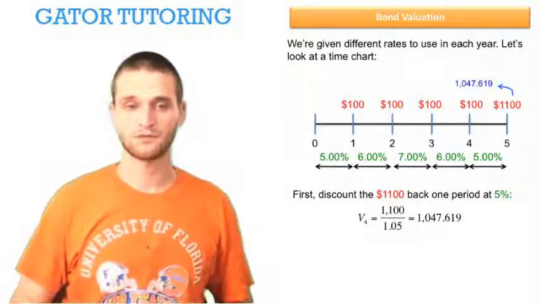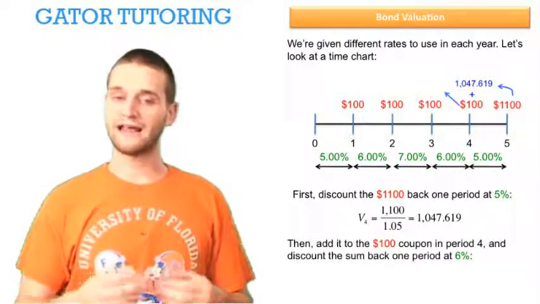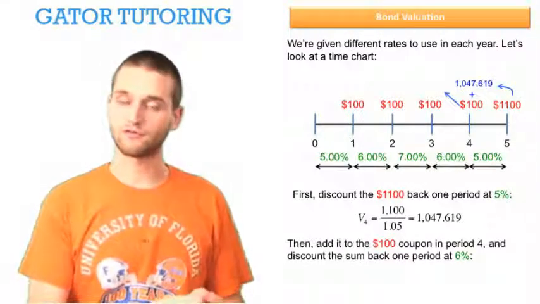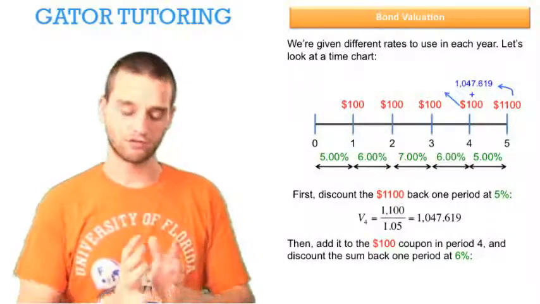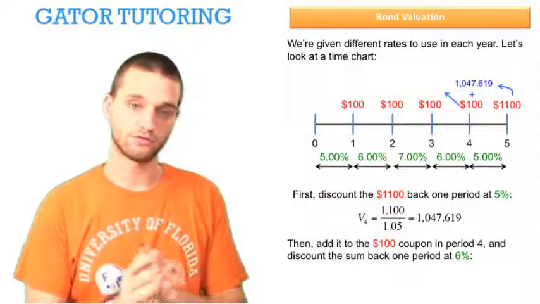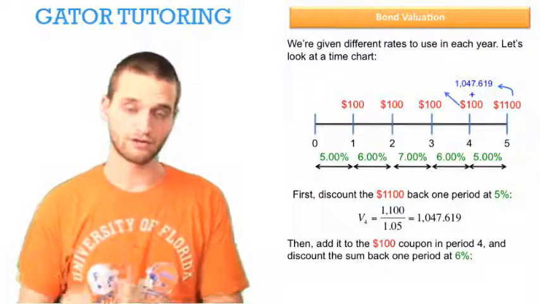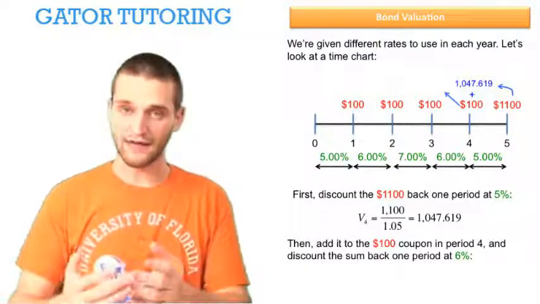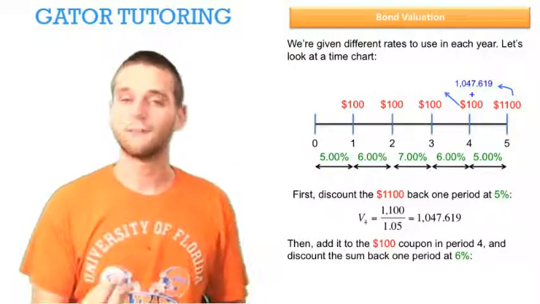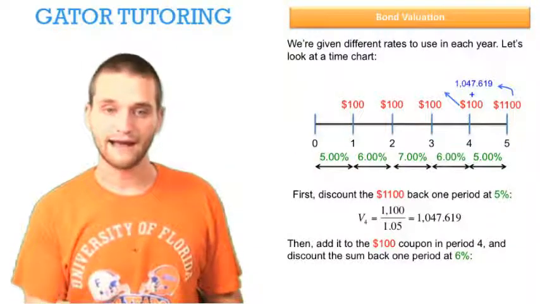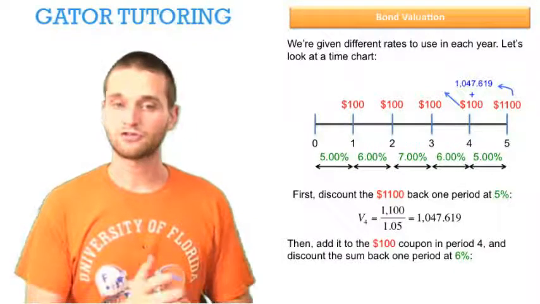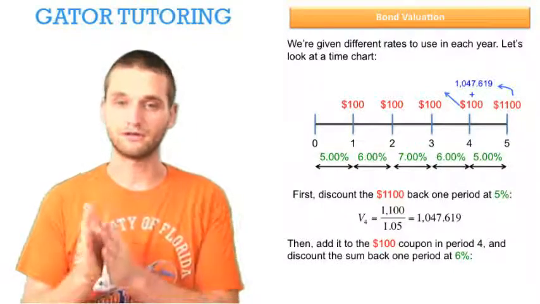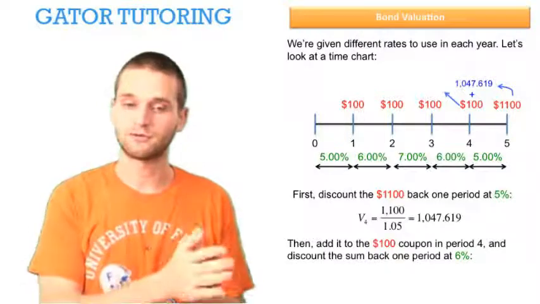So now we have a cash flow of $100 in year 4 plus the value of this $1,100 in year 4. What we're going to do is add that $1,047 to the $100 coupon in year 4 to get the total value of all the cash flows in year 4 of those 2 years. We'll have this new sum, and we'll discount that sum back at the 6% because as we can see from this time chart, the interest rate being used as the discount rate between years 3 and 4 is 6%.